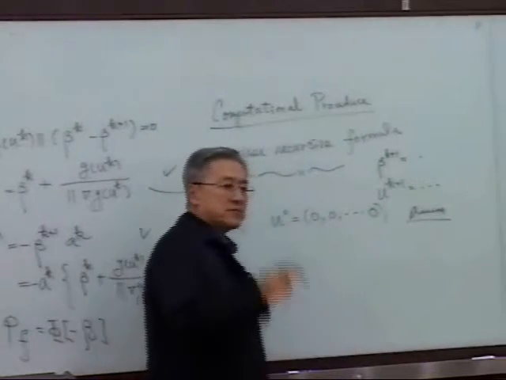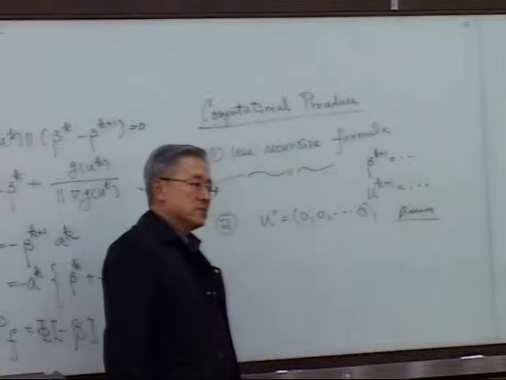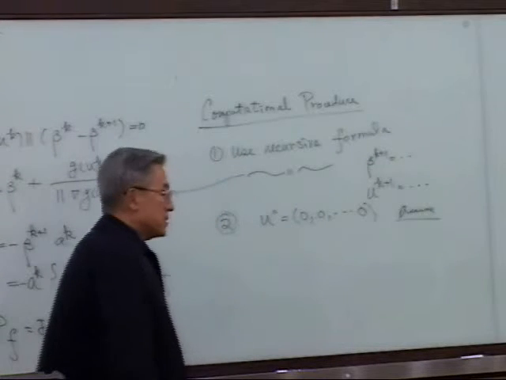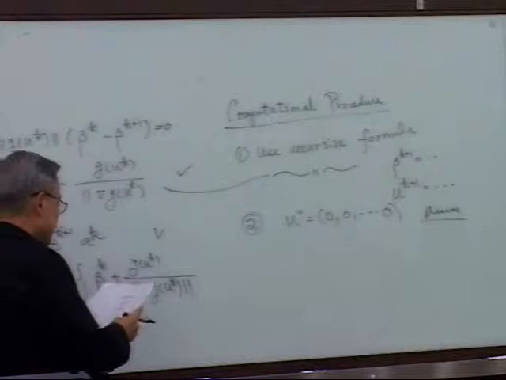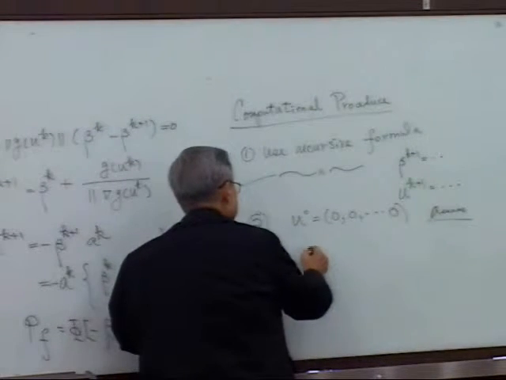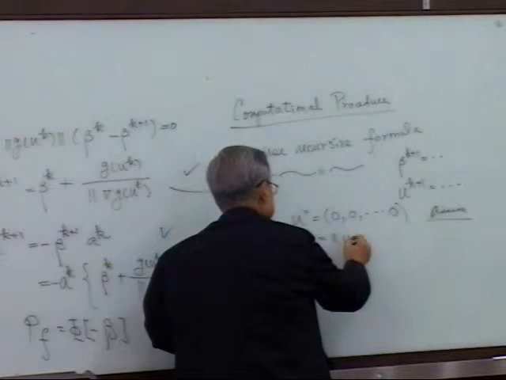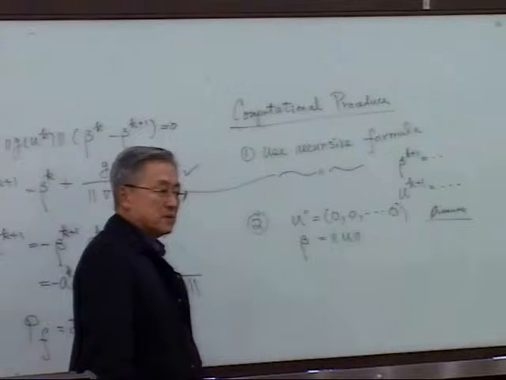At the beginning, you have to pick a starting point, then keep iterating to get to the MPP point, which is the u star point. At the beginning, assume that one. Then the next step is, of course, to compute the beta, which is nothing but the length of that u.